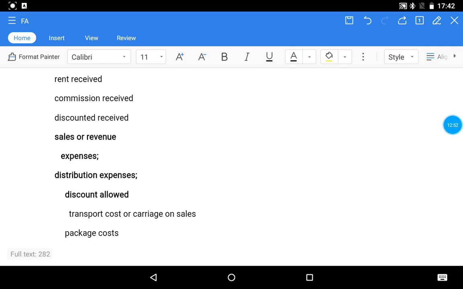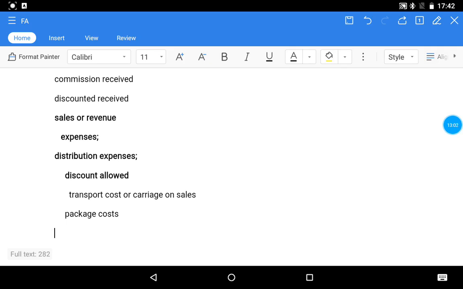Then we have sales and marketing costs. This comes in when a product is new and you want people to know your product and be aware of what you are selling.